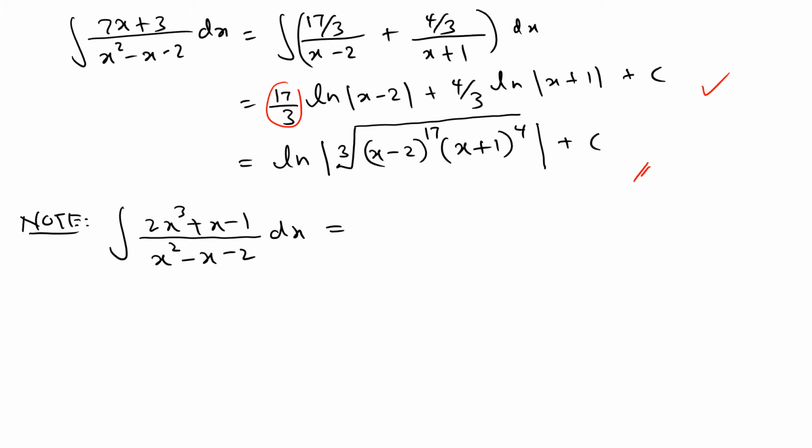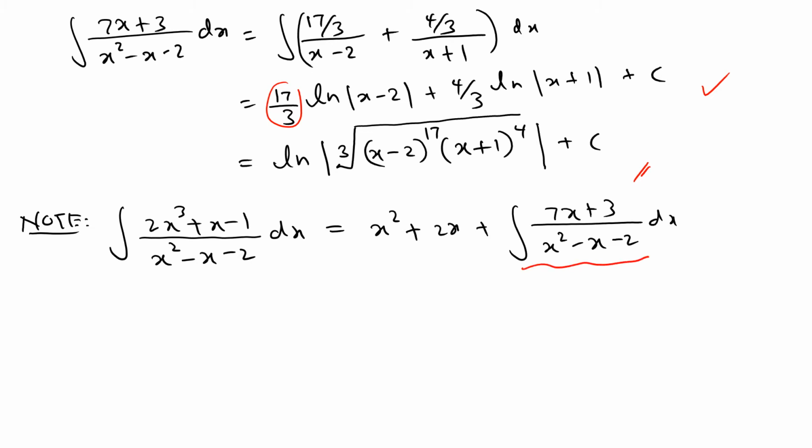So what we did was we divided that, and then we get x squared plus 2x plus, and the remainder part gives you this integral, which is over x squared minus x minus 2. But now we know how to do that part.